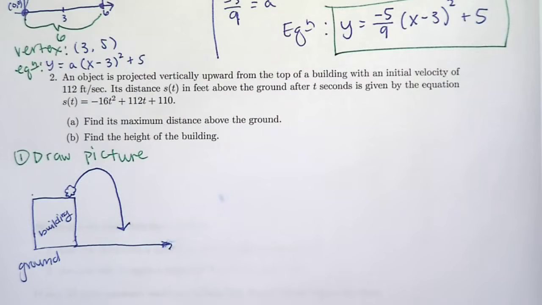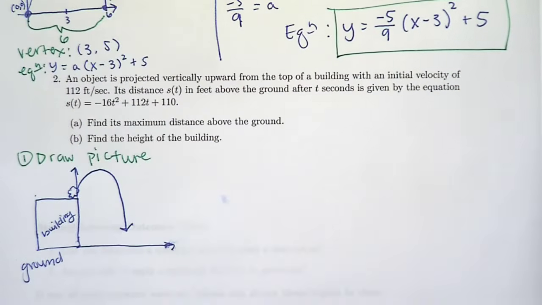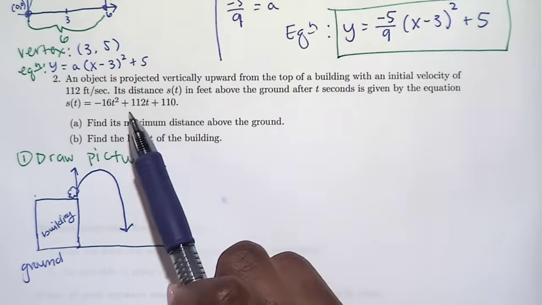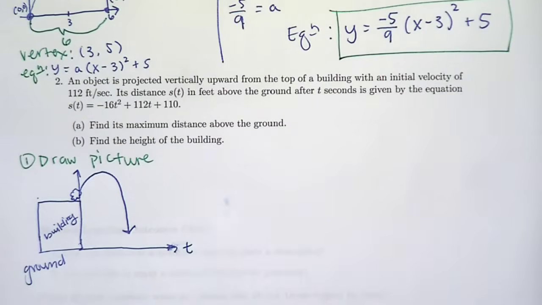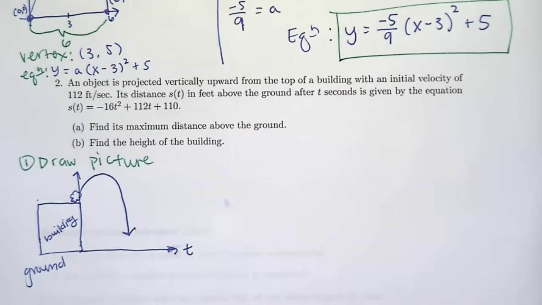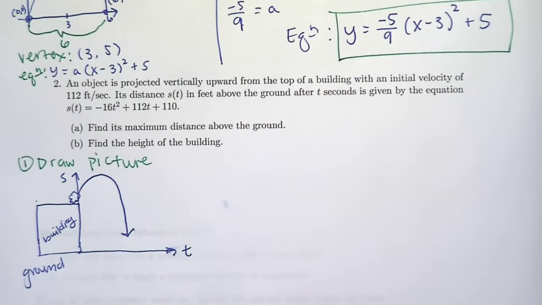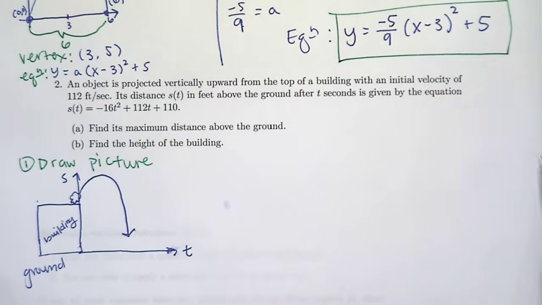Okay. All right, so I want to go ahead and also pretend like this is an x and y axis, just like before. But instead of x, what are we using here? What's the thing going into our equation? T, and then up here we have s of t, or just s if you want to call it, where s is the feet above the ground.